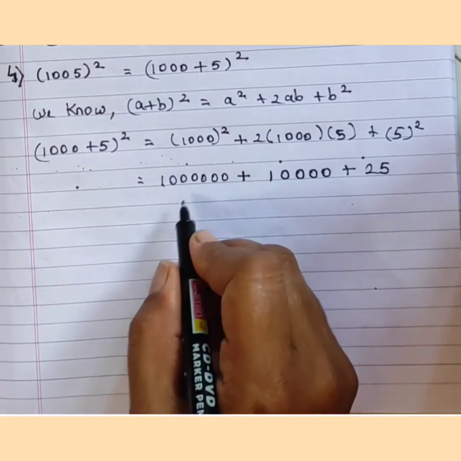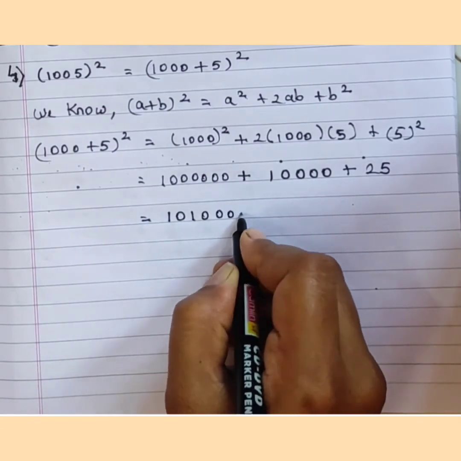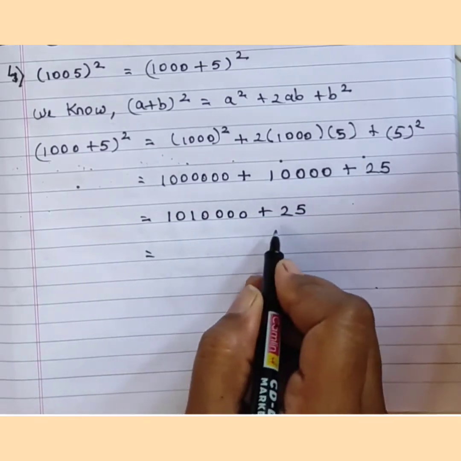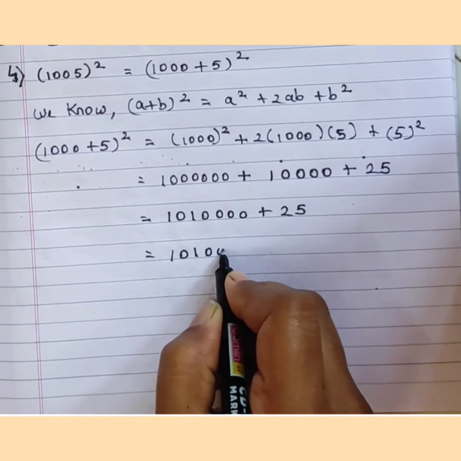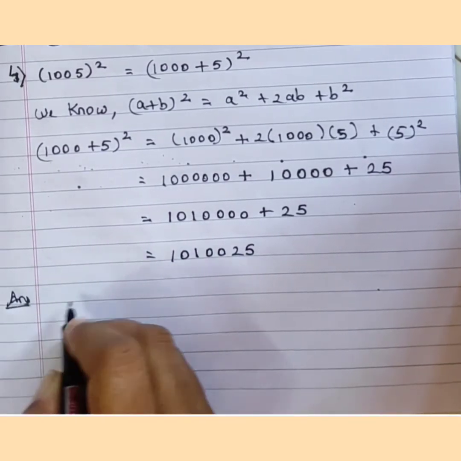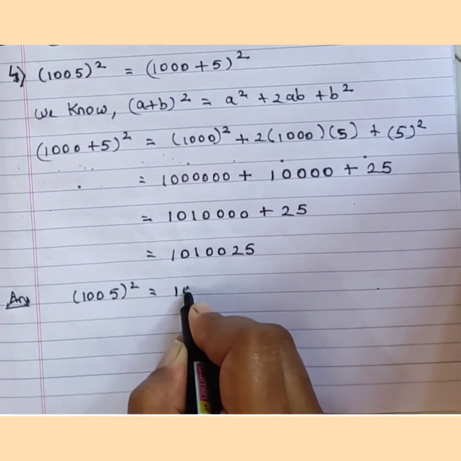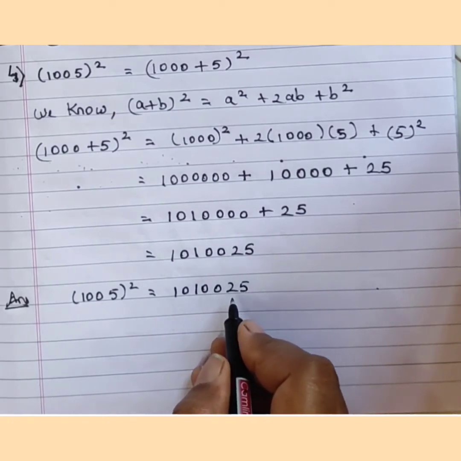Now when you add this, you get 1010000 plus 25. So now we are going to add. That is, we get this value. So our final answer for 1005 the whole square is 10100025.